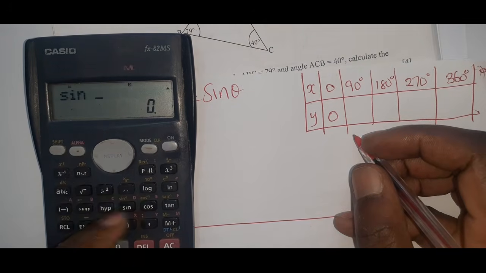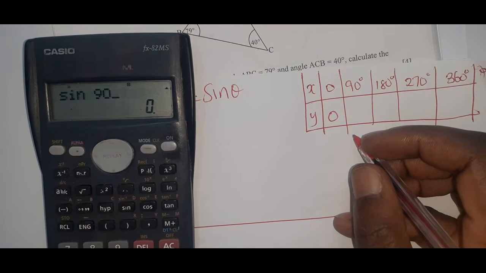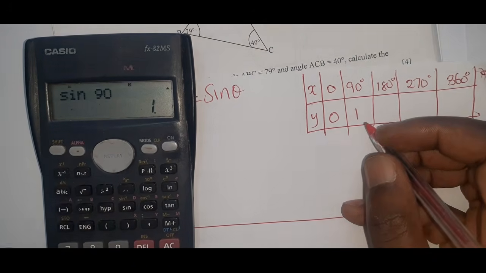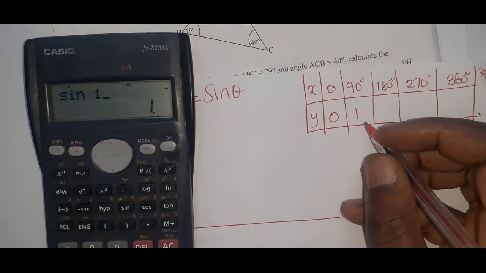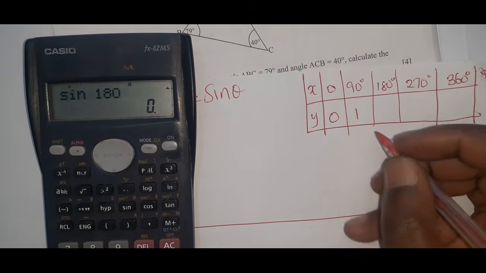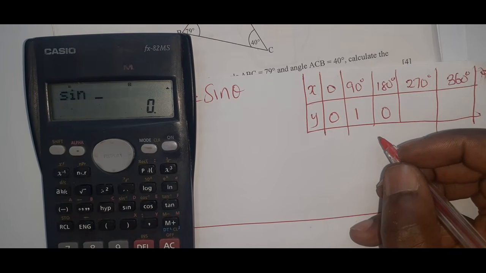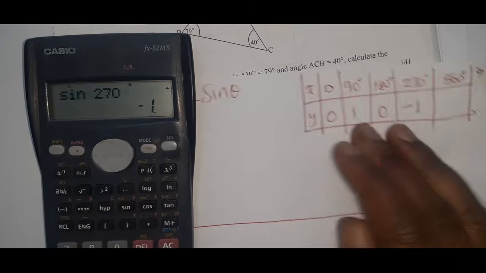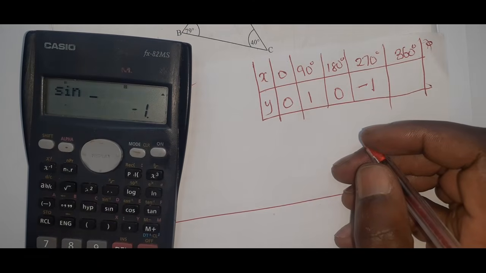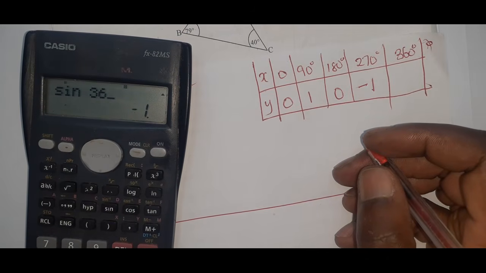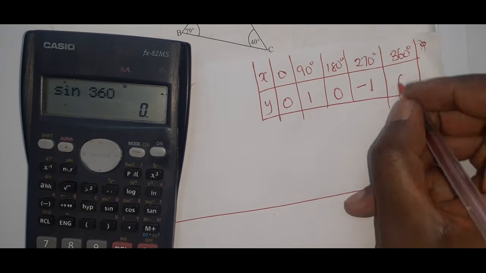Then you say sine 90. What are you getting? 1. Then you say sine 180. What are you getting? 0. Then you say sine 270. What are you getting? -1. Then you say sine 360. What are you getting? 0.